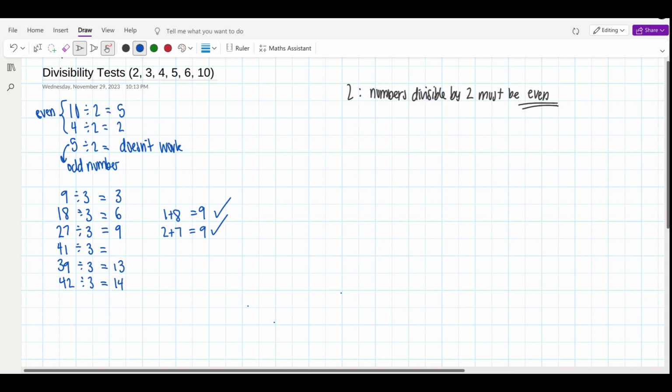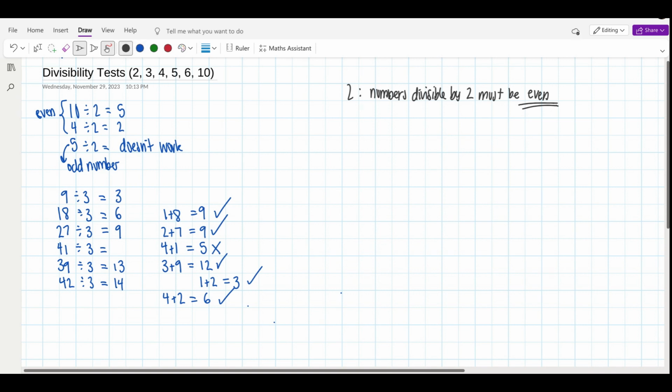If we add 3 and 9 together, we get 12, which is divisible by 3, but we can also check if 12 is divisible by 3 by going 1 plus 2, which gives us 3, and 3 is divisible by 3. Same with 42. 4 plus 2 gives us 6, which is divisible by 3, whereas 4 plus 1 gives us 5, which isn't divisible by 3.